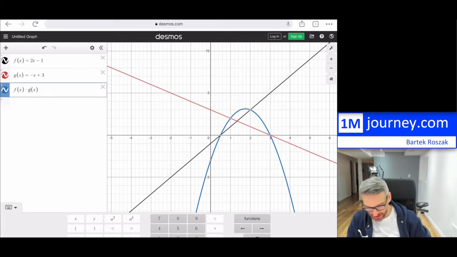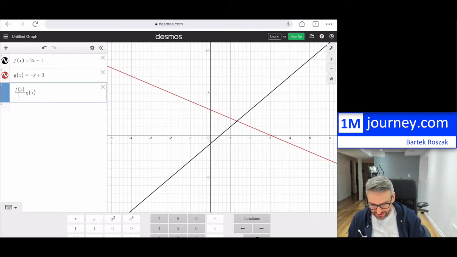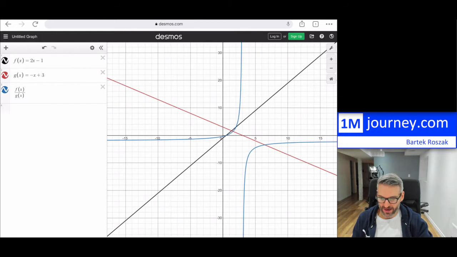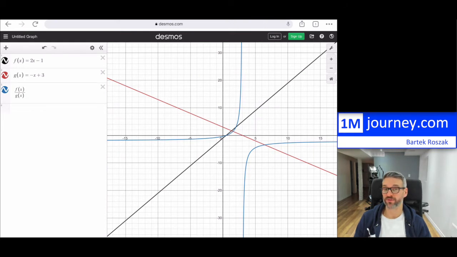Now, if I divide, if I do something like this, and I bring the g of x underneath there, it should make sense to you, because if I take f of x divided by g of x, now all of a sudden we have, remember the parent function 1 over x, starting to play a role in here.